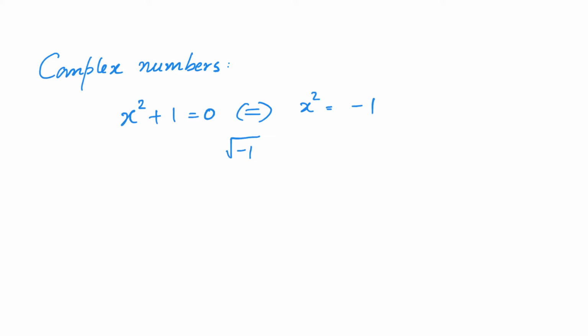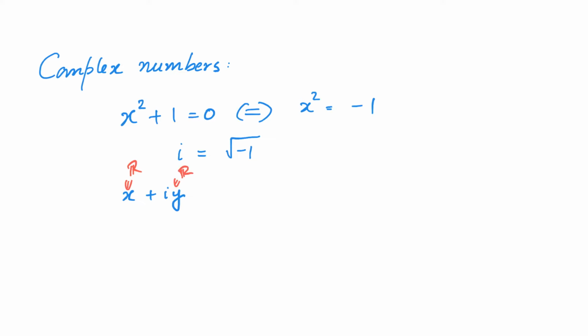So it's generally said that just like how we went from rational numbers to irrational numbers because we were interested in square root of 2, we went from real numbers to complex numbers by denoting the square root of minus 1 as i. And complex numbers are numbers of the form x plus iy, where x and y are both real numbers.